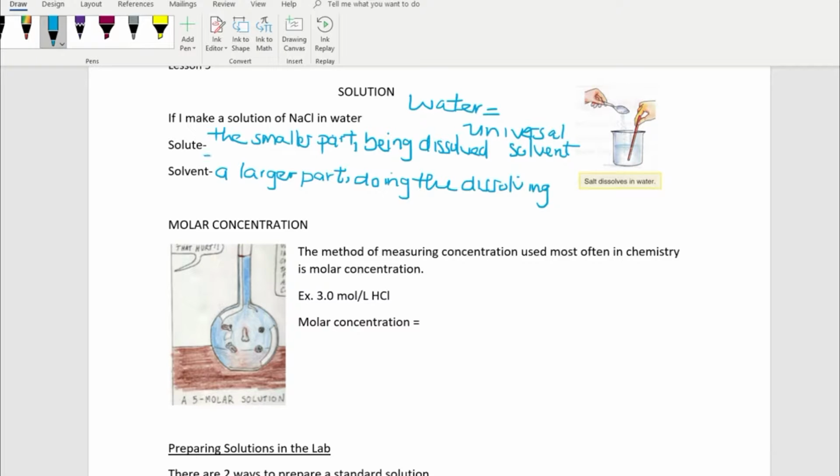Like for example, we have table salt, which is NaCl, and NaCl is well known to be sodium chloride, while for solvent we know that an example is water. Looking at this diagram right here, we notice that we are adding a solute and dissolving it in a solvent.